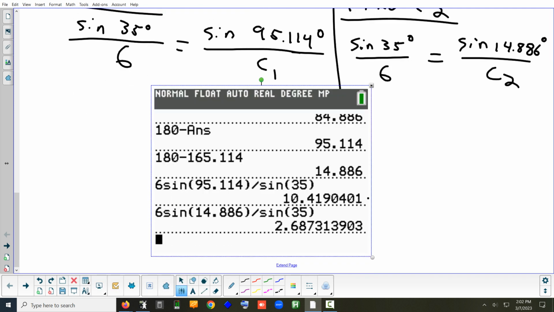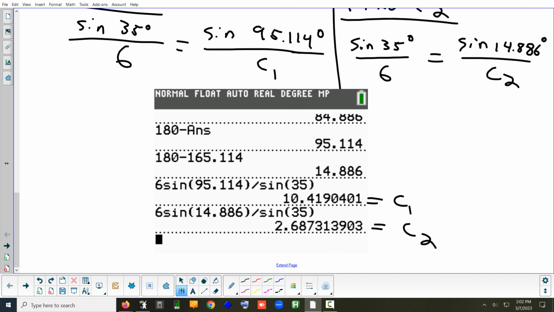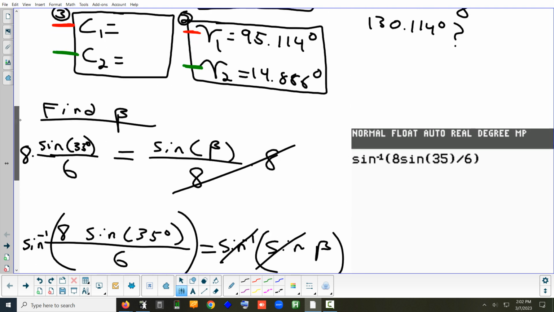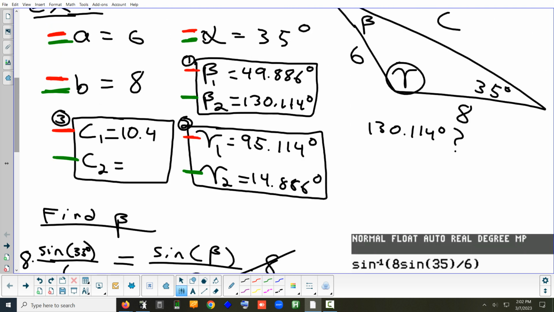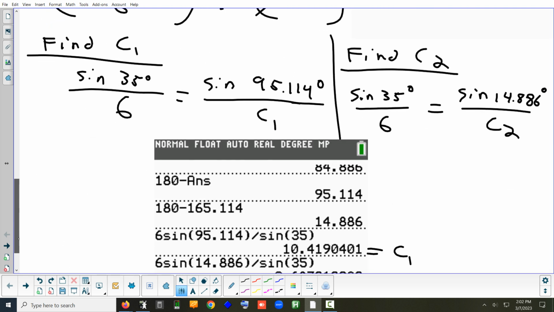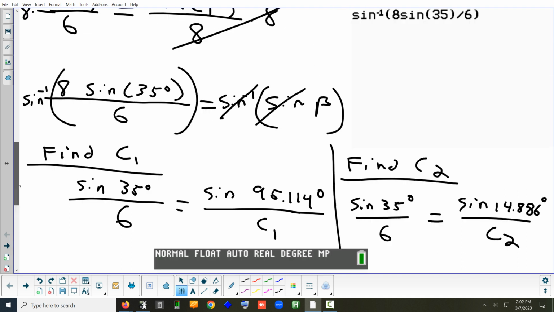Okay, so that is C1. That is C2. Now I'll write those up above. So 10.419 and 2.687.